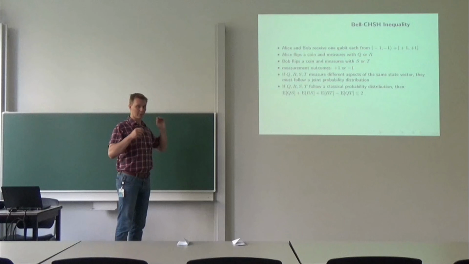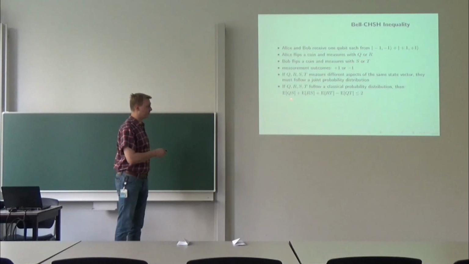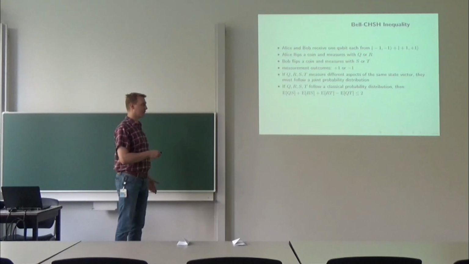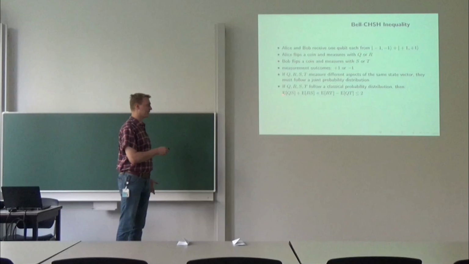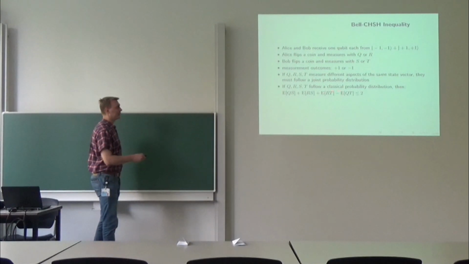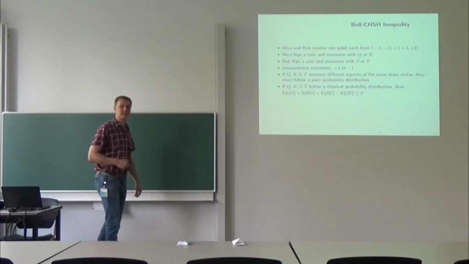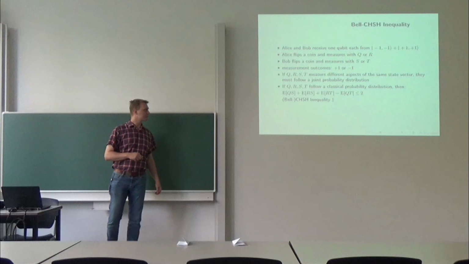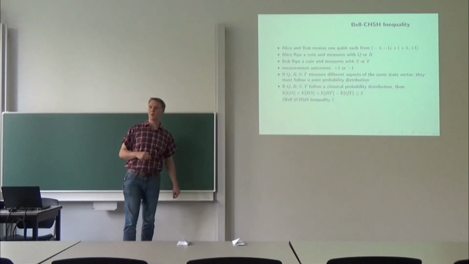So we can run a quantum experiment and then compute the value of this function, or rather, we can run it many times because it's an expectation value, and then test whether or not it satisfies less than or equal to 2. This is the Bell inequality.